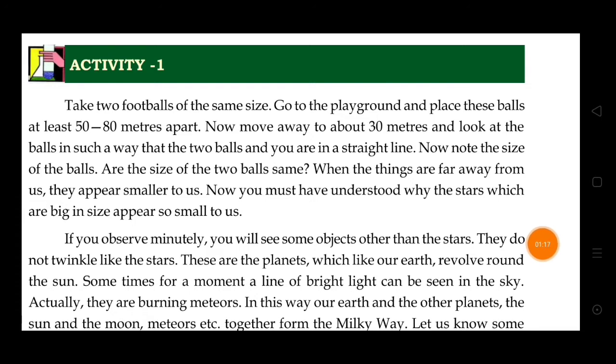Now note that the size of the ball is smaller than what you have seen when closer. So this is the same situation which we see from the Earth in the sky. The stars appear very small to us because they are very far.